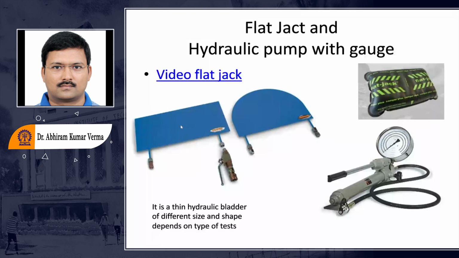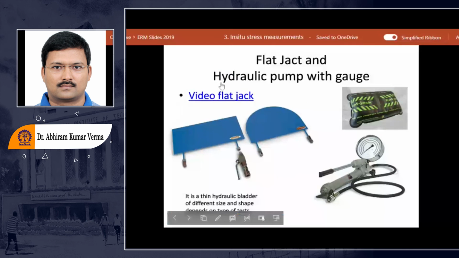You can see this is a flat jack which has been shown. This is a very flexible type of inflatable material. When we put pressure through these hoses, it can expand.